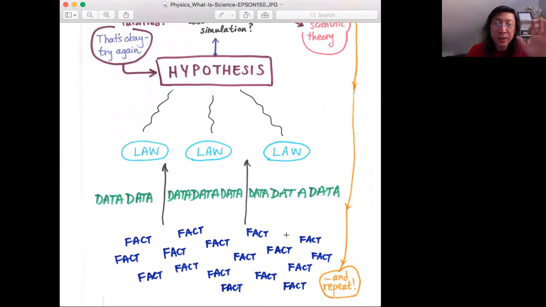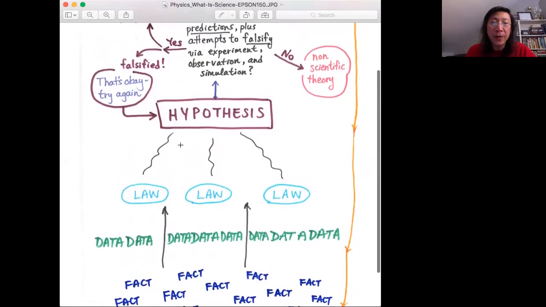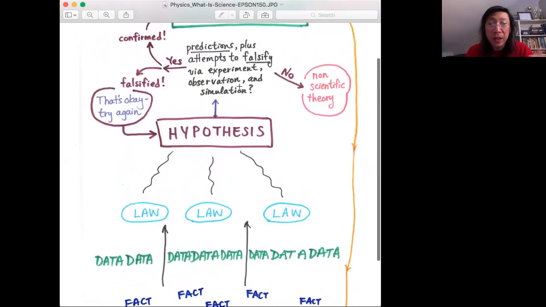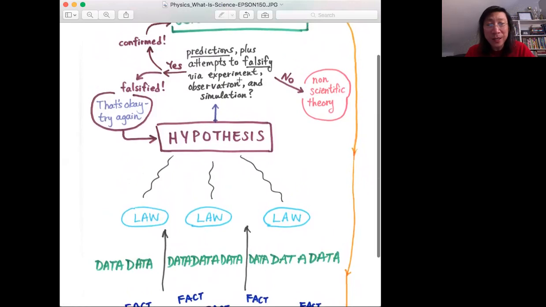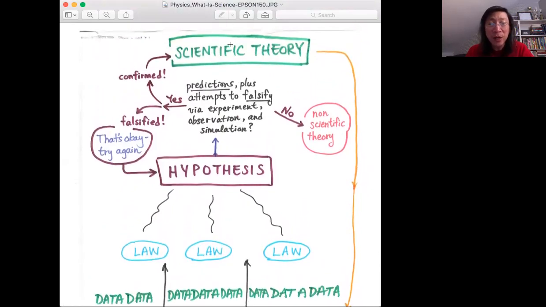We say, okay, so this scientific theory has given us these facts, and we now understand what we observed before. We need to get new data. And if there are other laws that we see, if there are other things that happen, or if our hypothesis somehow is falsified under certain cases, then you have to change it. Then you have to adjust the scientific theory.